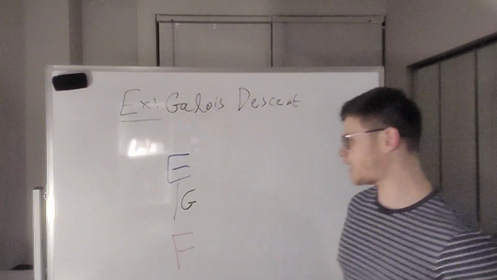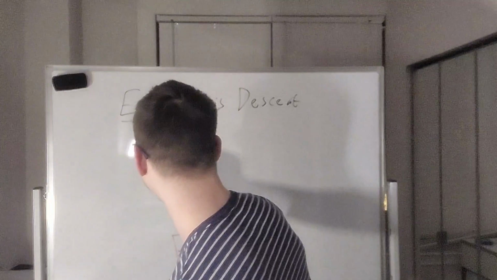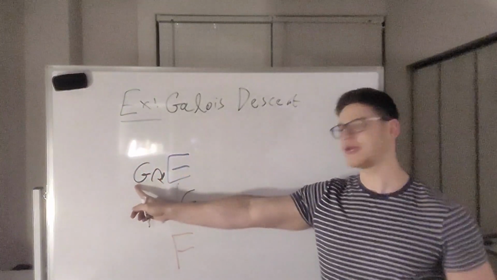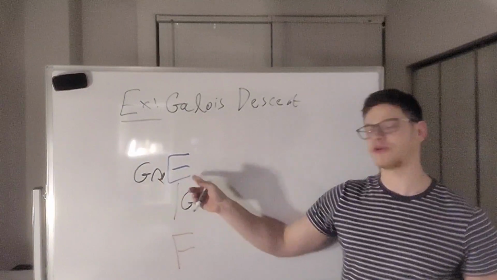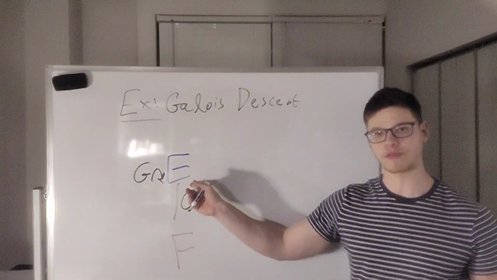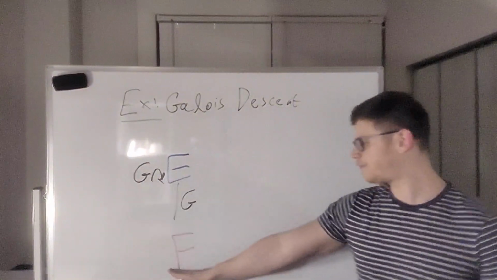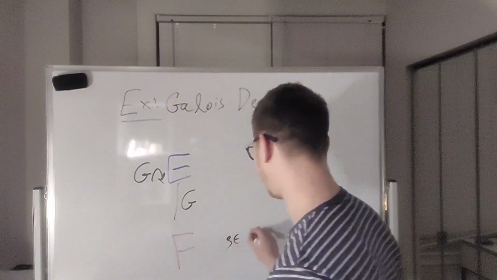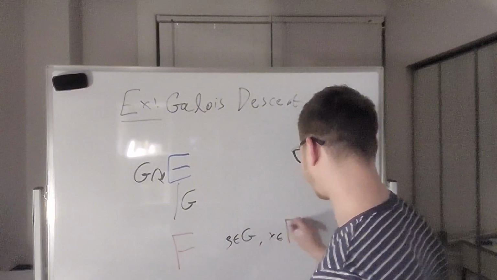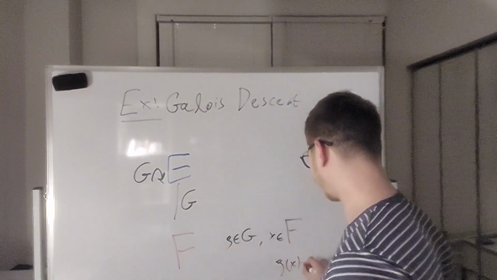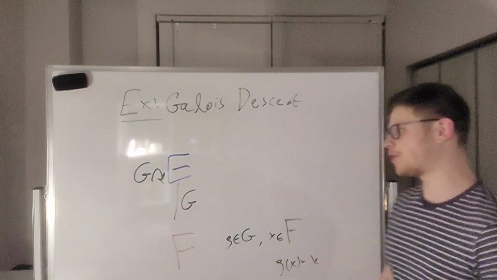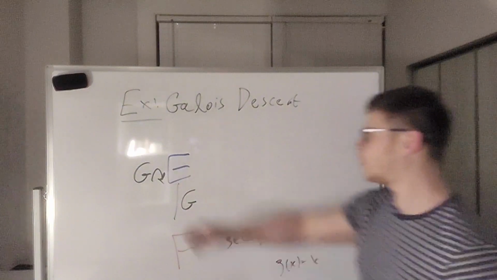Basically, for us, it means that there's a very nice group action on E. There's a way that the elements of G act on E via field automorphisms, and G fixes all the elements of F pointwise. So if g is in G and x is in F, then g(x) is equal to x for all x in F.